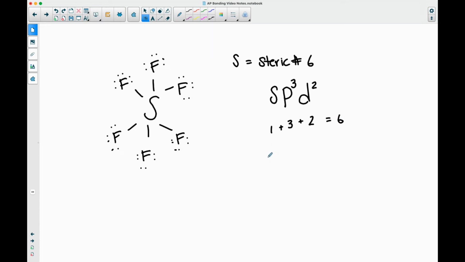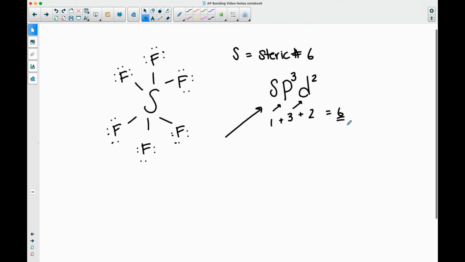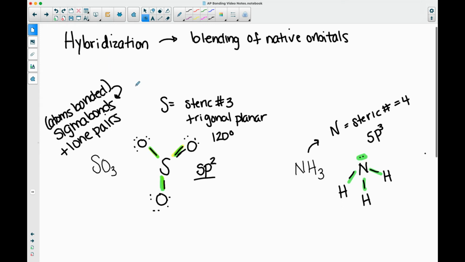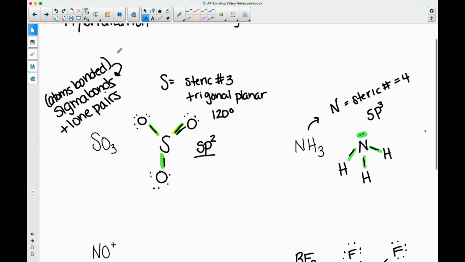Remember, the reason why we can only have one s in my hybridization is because there's only one s orbital per principal energy level. There are 3 p orbitals per principal energy level, and we don't go past a total of 6, which is why we go to 2 d's. Any time you're doing this, again, we are going to add up the sigma bonds, or the total number of atoms bonded on the atom in question, plus the lone pairs.